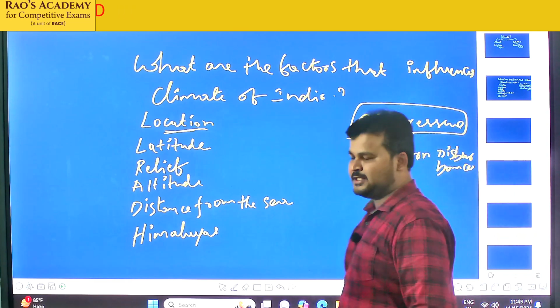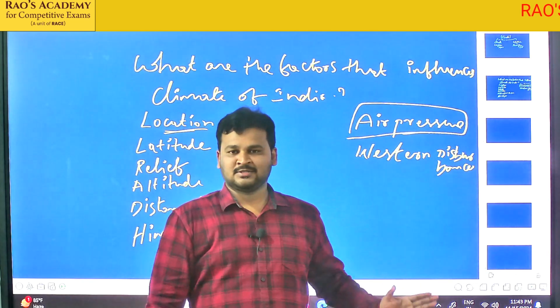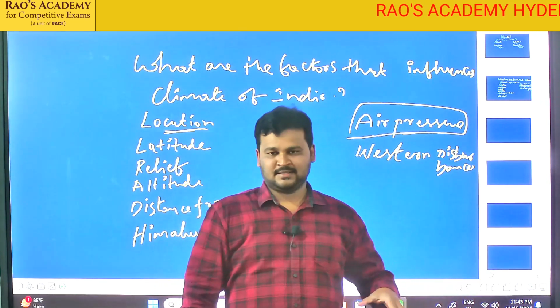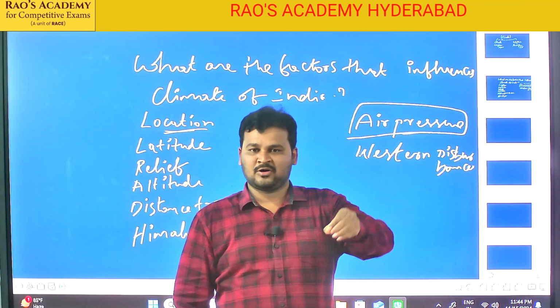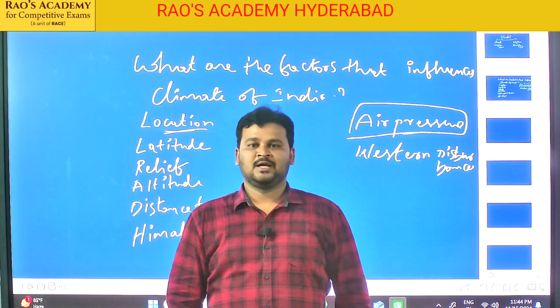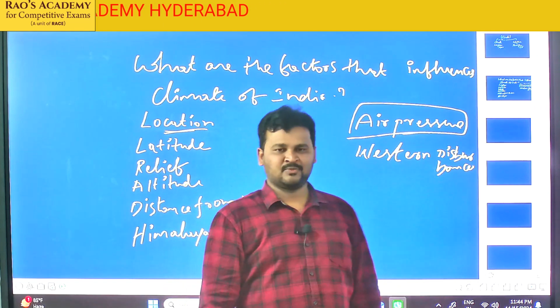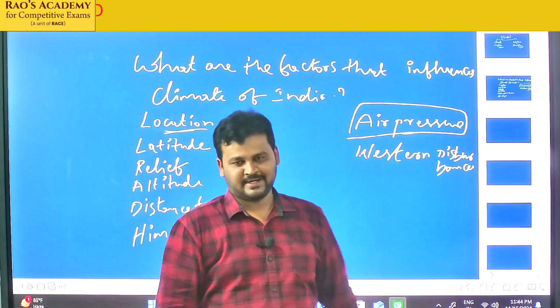Sometimes these western disturbances are causing rainfall during the winter season, and they are also the reason for the high intensity occurrence of snowfall in Himalayan states. So western disturbances are also one of the factors that influence the climate of India.